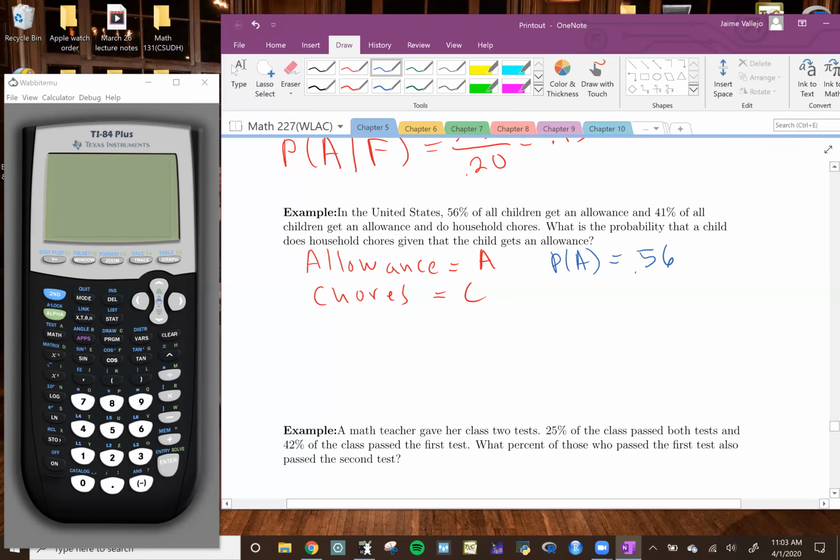All right. Now if we look at the 41%, it says 41% of all children get an allowance and do chores. So the probability they get an allowance and do chores is 0.41. Any questions so far on the 0.56 or 0.41?